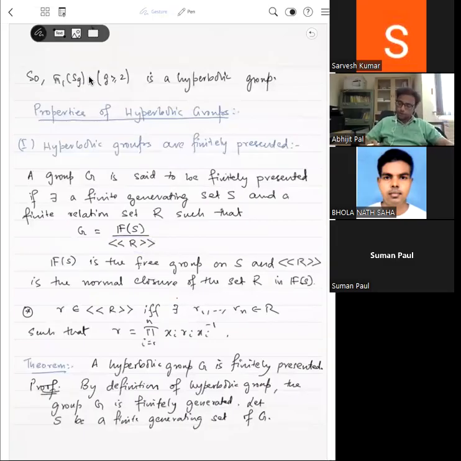So what we are going to show is that a hyperbolic group G is finitely presented. Note that by the definition of hyperbolic groups, G is finitely generated.